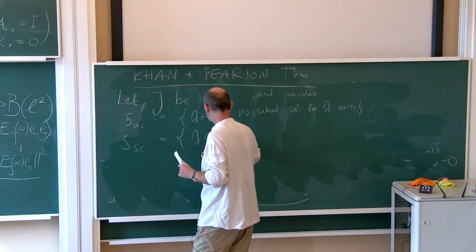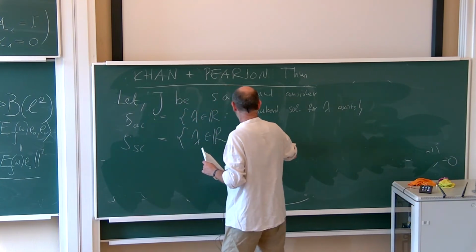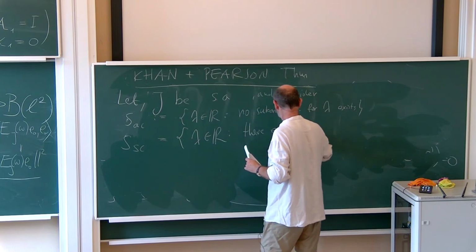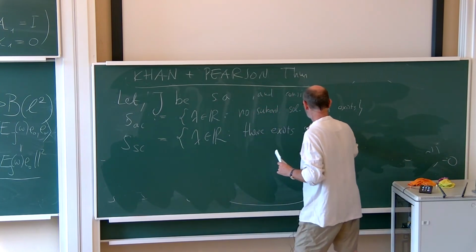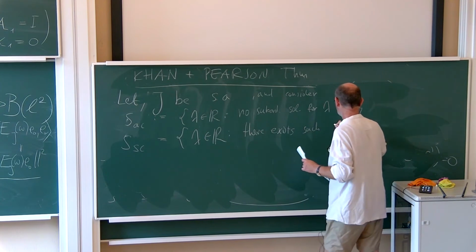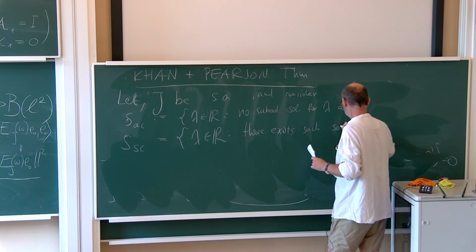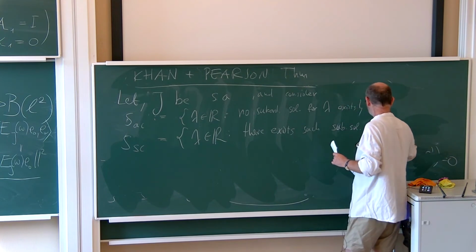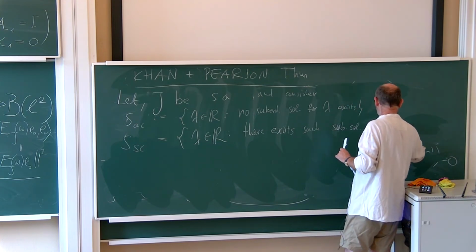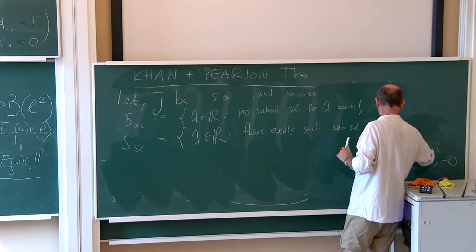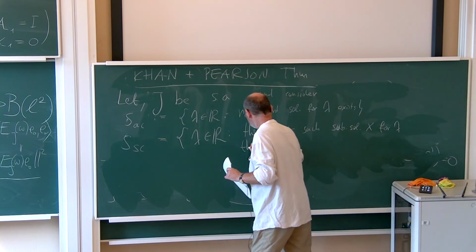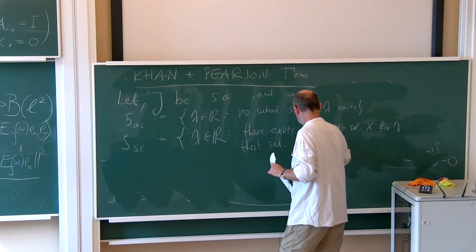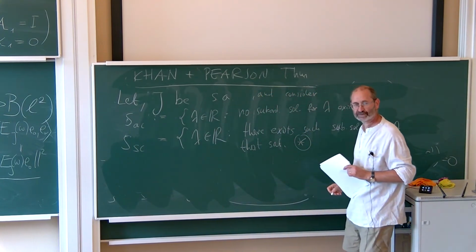This is the set of such lambdas that there exists a subordinated solution X for lambda that satisfies the condition star.